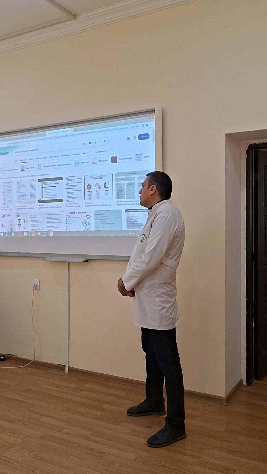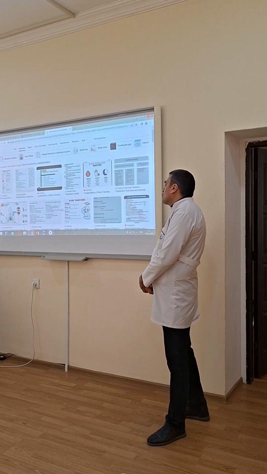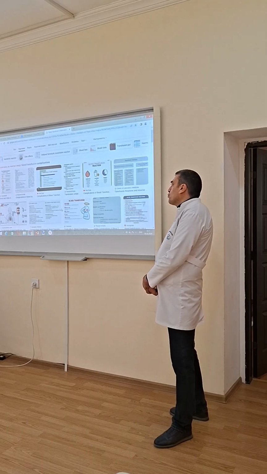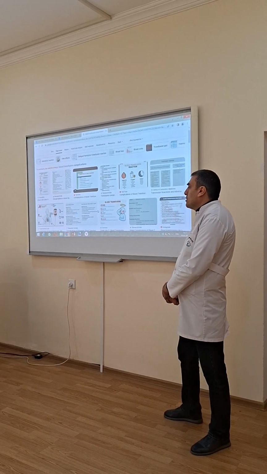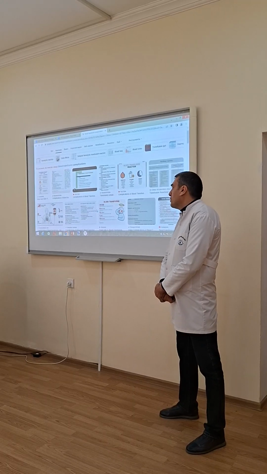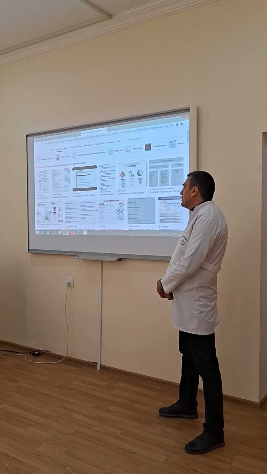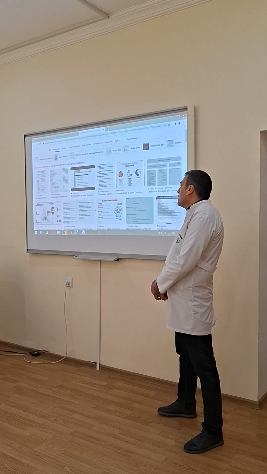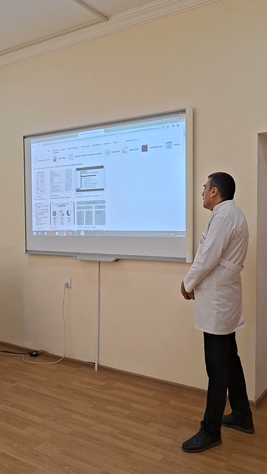The most serious complication of blood transfusion is hemotransfusion shock. Hemotransfusion shock and reactions of blood transfusion have 3 degrees: mild, moderate, and severe.